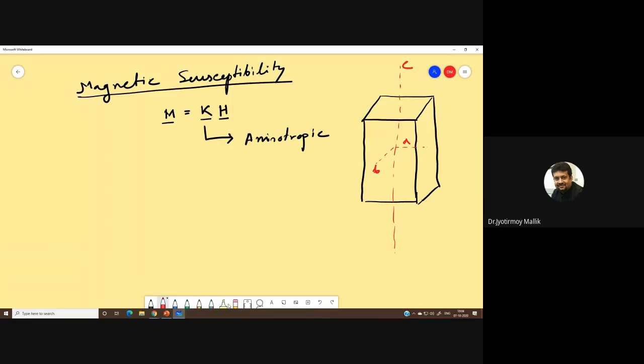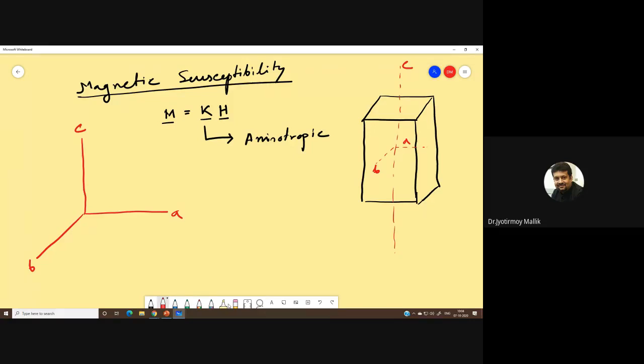Let's bring that ABC separately here. And then we try to map the value of K in different directions, in three dimensions.